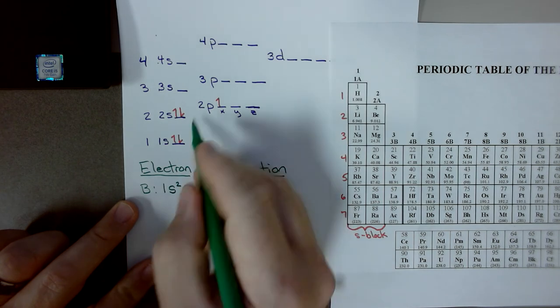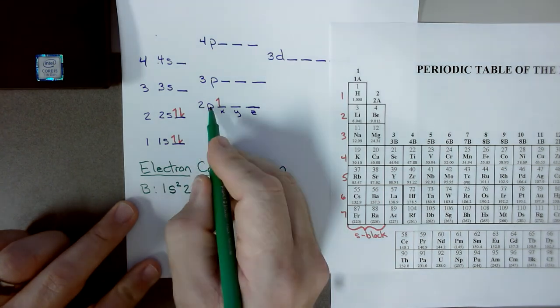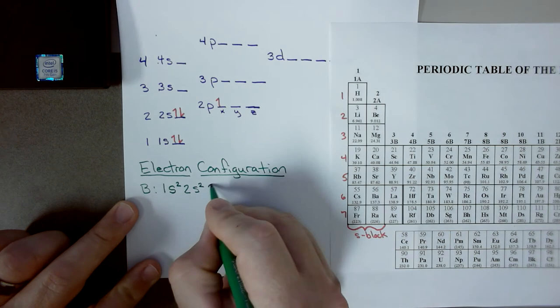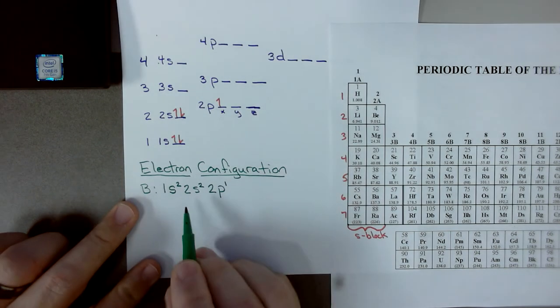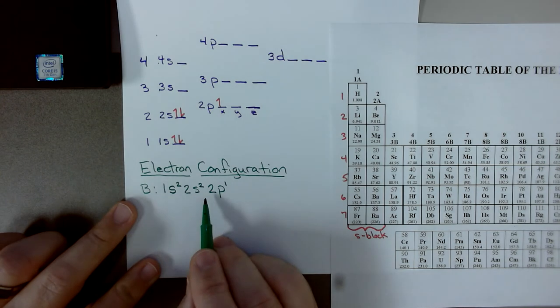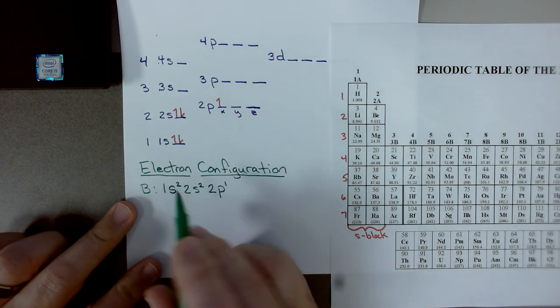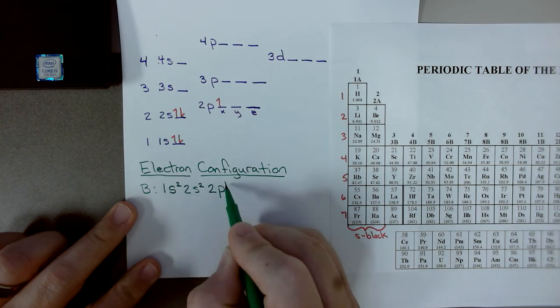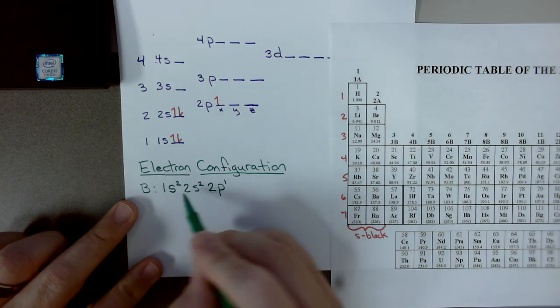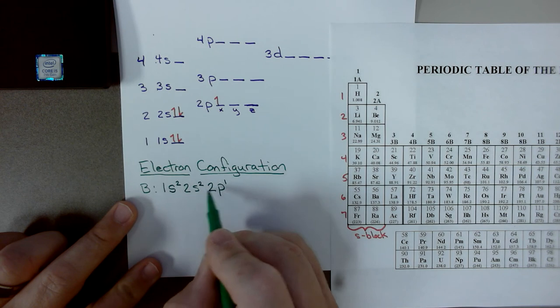And then we also have energy level 2, but with the p sublevel, so that's energy level 2, p, with 1 electron in it. So this is the electron configuration for boron.